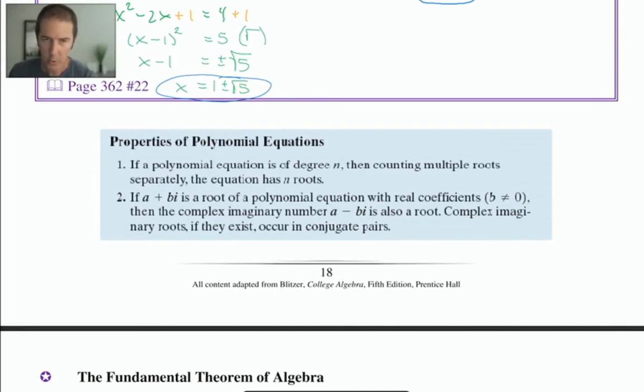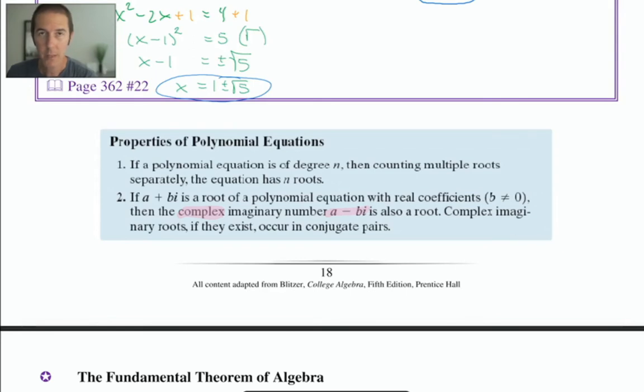Properties of polynomial equations. So what this is talking about is the possibility that some of our solutions could end up being complex. And we see the word complex right in here. They could be complex imaginary numbers a plus bi.